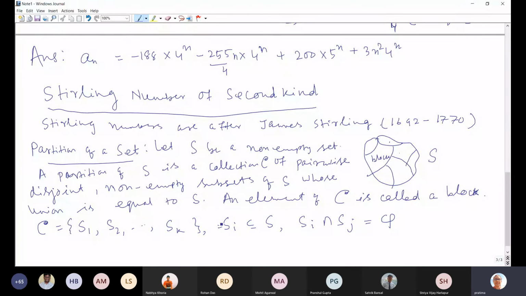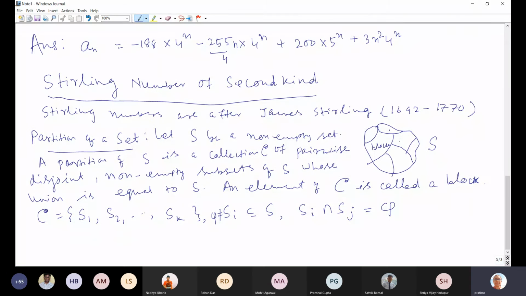Si we are taking as non-empty sets, not an empty set, and their union, the union of Si, i from 1 to k, will be the whole set S. Then we say that C is a partition of S, right?